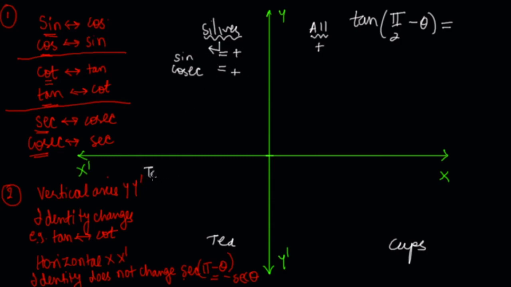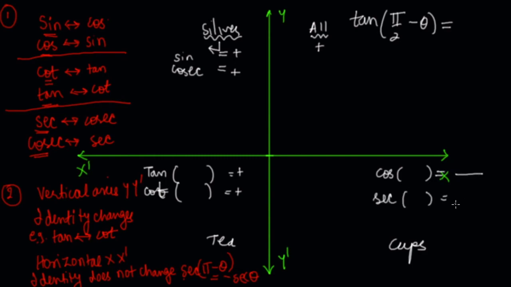If it is tan of something, or cot of something, then the answer on this side will always be positive. If it is cos of something, or sec, which is the reciprocal of cos of something, then the answer on this side will be positive. We are very clear about it, right?